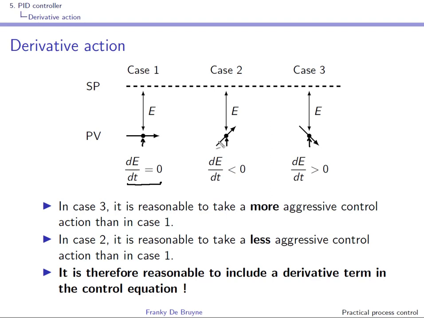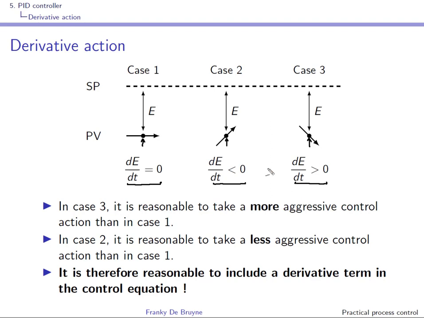Here you can see that PV is increasing, so the error is decreasing, so the variation of the error is negative. And here PV is decreasing and therefore the error is increasing, and therefore the derivative of the error is positive.